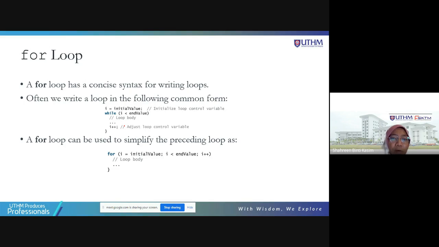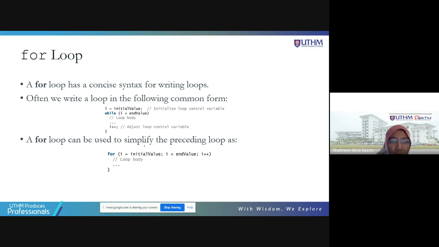The for loop is what we use most often, because for simple programs we can use if else, nested if, while, do while, as I explained. Otherwise, we use the for loop. A for loop has a concise syntax for writing loops.